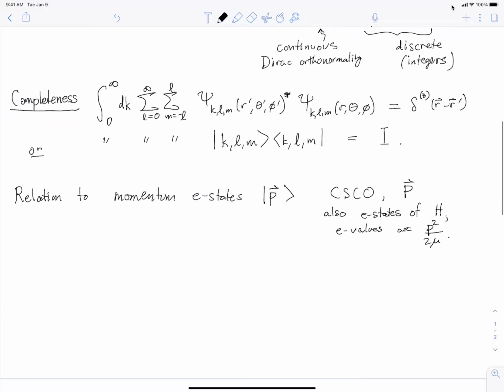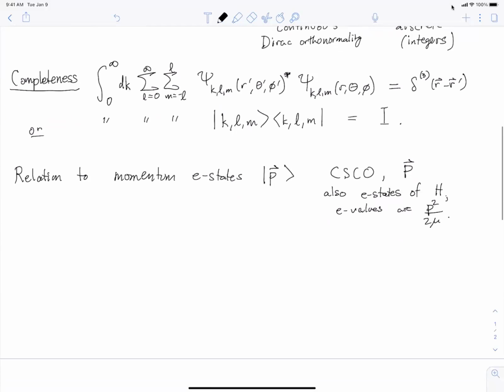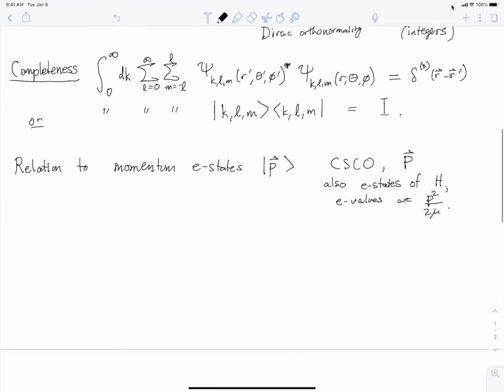All right, so what we're going to do to understand this relation is to use the previous completeness formula. So I'm going to start with the momentum wave function, or the wave function for this momentum eigenstate. But then I'm going to insert the completeness relation. Sum over all k, sum over all l's, sum over all m's.